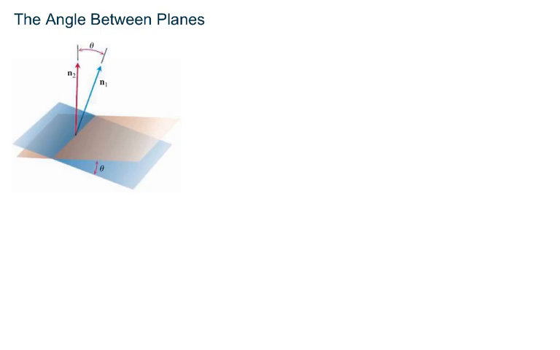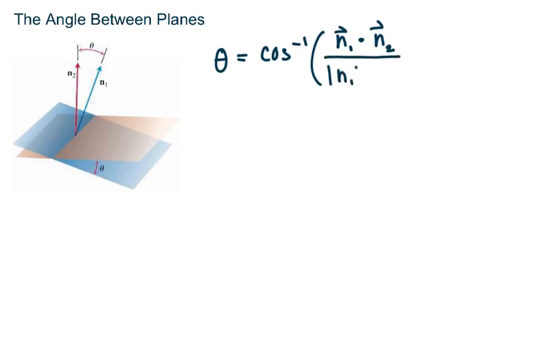So we can determine that theta is going to be cosine inverse of the argument, normal vector 1 dotted with normal vector 2, divided by the magnitude of normal 1 times the magnitude of normal 2.